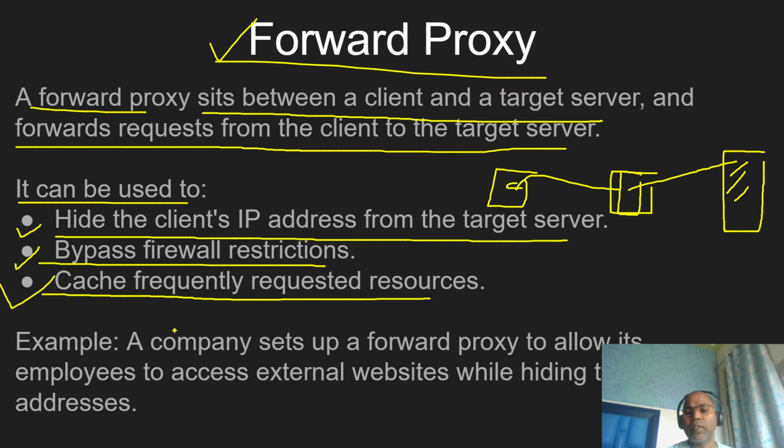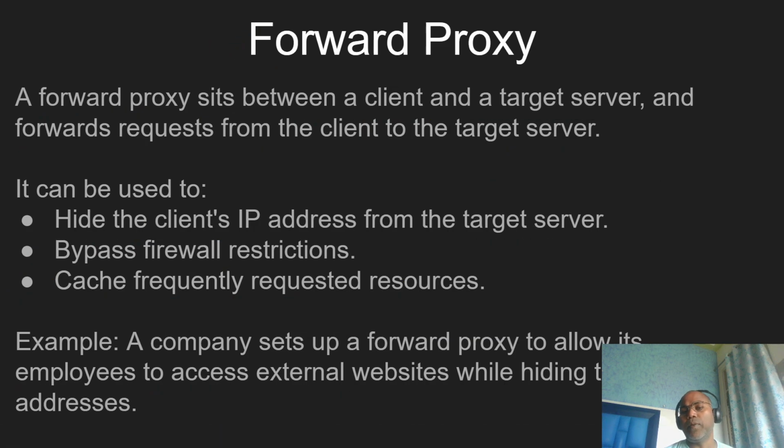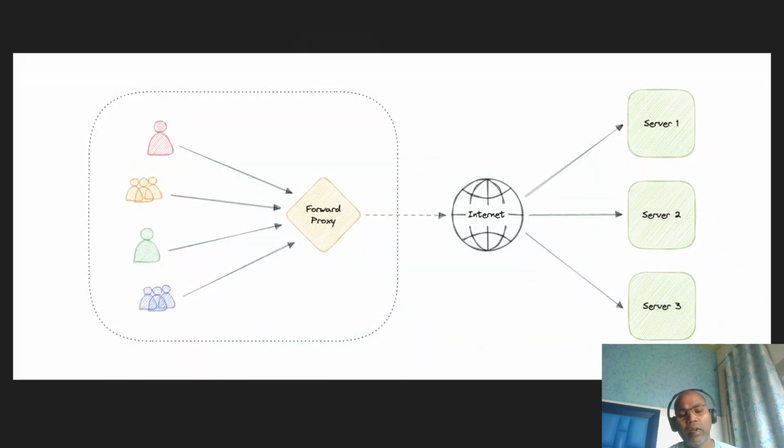For example, a company sets up a forward proxy to allow employees to access websites while hiding their internal IP. In a particular organization there are lots of employees, and they are going to use the internet and access any website.